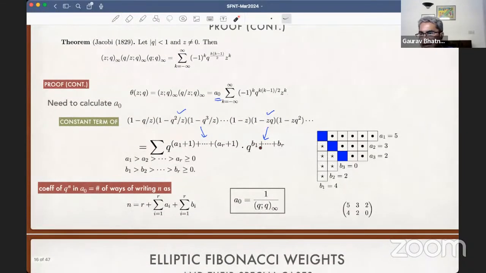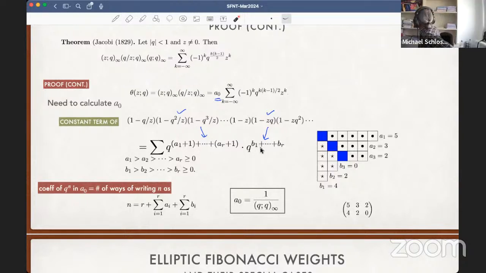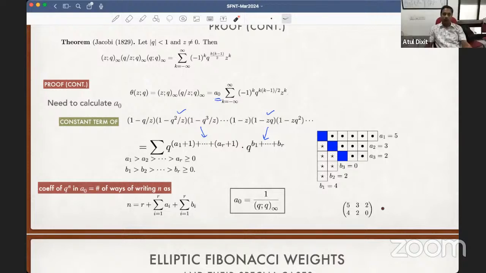I remember I attended Hilmar's, I was his student. I have a book, Invitation to Q series by Hai-Chi Chan. Maybe it's mentioned there. I think this is Andrews, because this is a Frobenius partition, so he showed it at some point, and maybe he doesn't think it's fully rigorous, so that's why he didn't include it in the book.